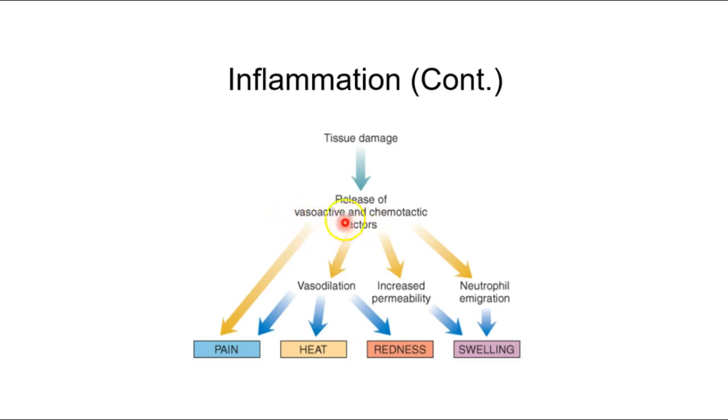And then vasoactive, of course, is going to be chemical signals that cause vasodilation, that cause that leaky blood vessel. So we get vasodilation, increased permeability of the capillary bed, neutrophil emigration. And again, that gets us our signs.